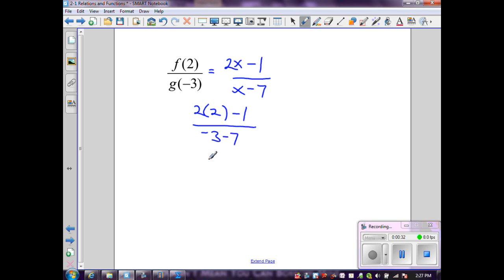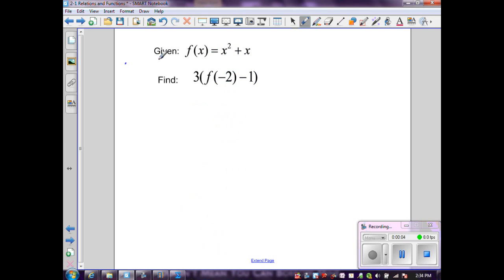Simplifying top and bottom gives me 4 minus 1 over a negative 3 minus 7 is a negative 10. Simplifying the problem gives me 3 tenths, and that's going to be a negative 3 tenths.